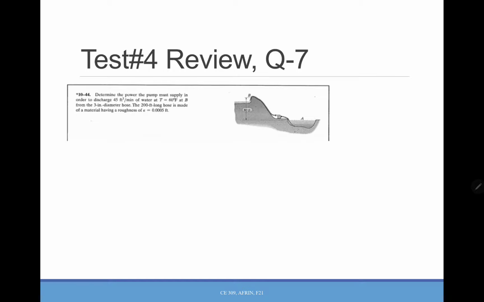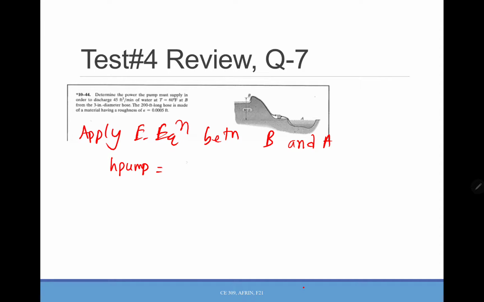Okay, now for the next one, determine the power the pump must supply in order to discharge the given amount of water at B from a 3-inch diameter hose. So you know the pipe material, surface roughness, and everything. So basically what you need to do is apply the energy equation between B and A. That will give you the pump head in terms of head loss and so on. So f L over D v square over 2g and so on.